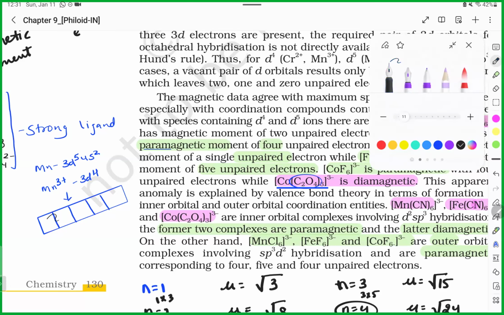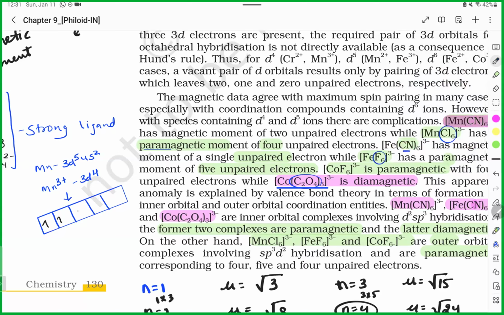There are total 4 electrons of manganese 3 positive. Correct? Now, cyanide is your strong ligand for sure. Strong ligand, so it will cause pairing. But maximum orbitals you can use from the inner side is only 2, not 3.